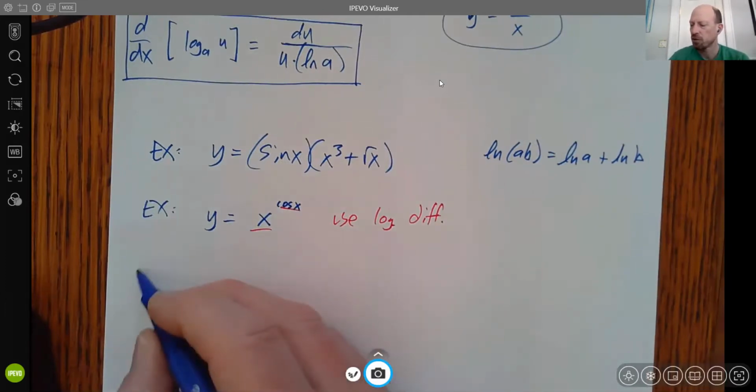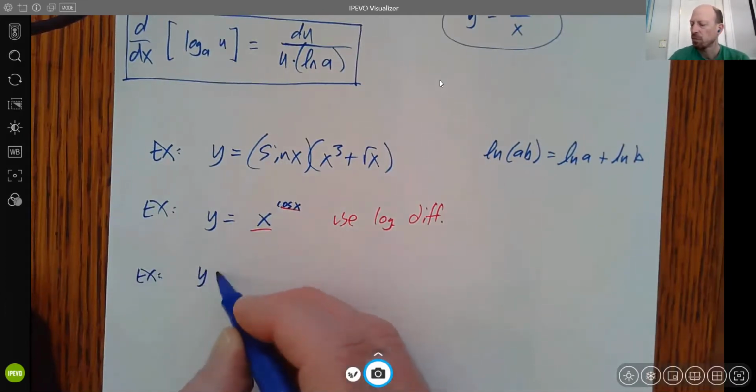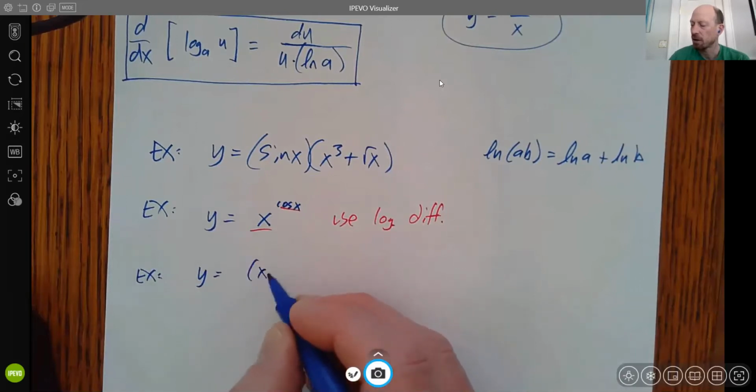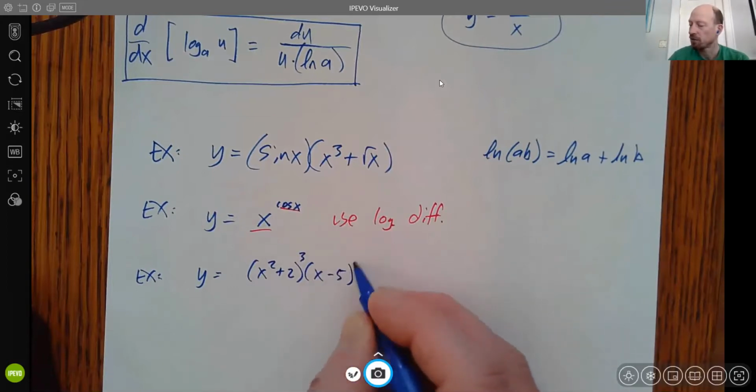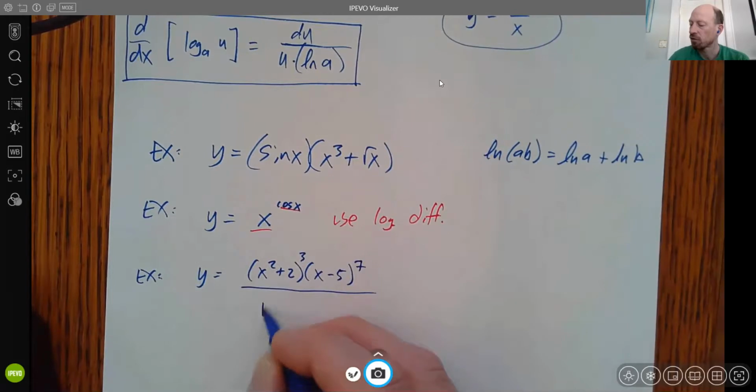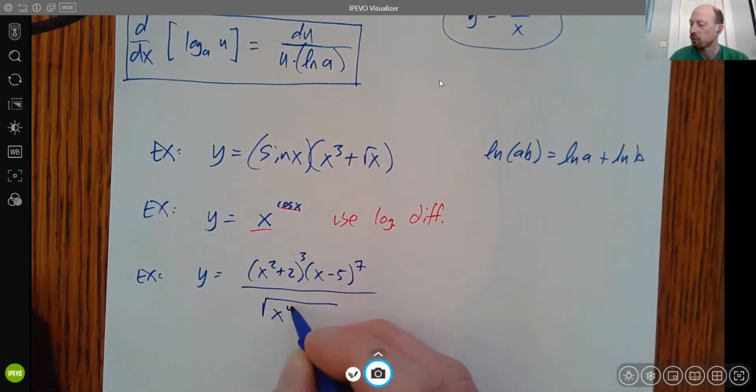And then the third case is you might have something like x squared plus 2, let's say to the third, times x minus 5 to the 7th, all over the square root of x to the 4th plus x minus 2.